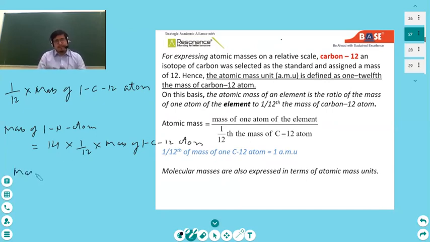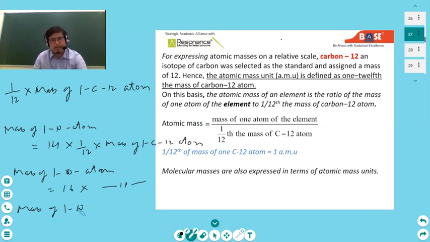Next is the mass of 1 oxygen atom. We can write it as 16 into the same thing I have written above. Suppose I write the mass of 1 sodium atom, Na, natrium. You can write it as 23 into the same thing.